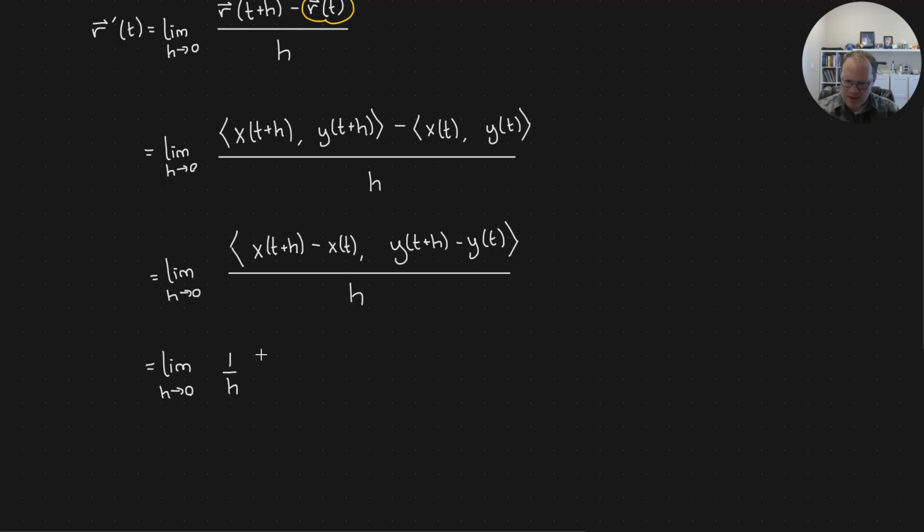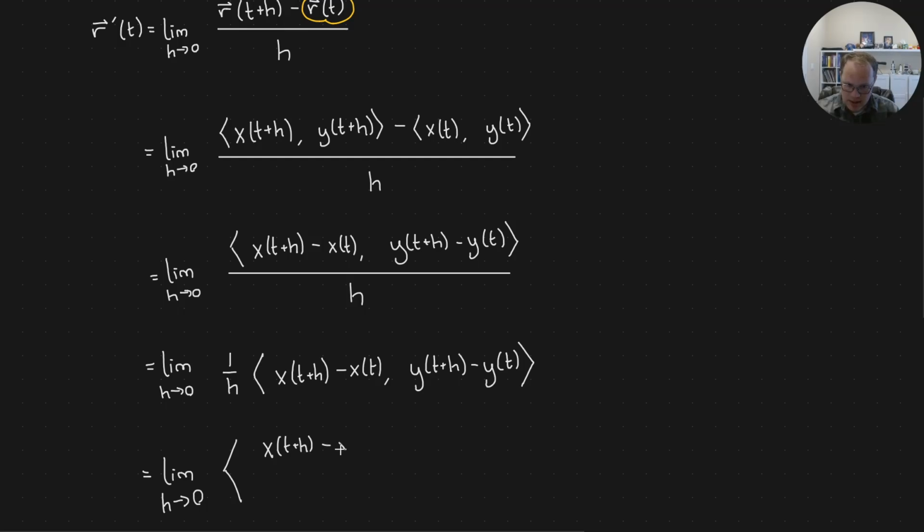So we could think about this as 1 over h times the vector x of t plus h minus x of t, comma, y of t plus h minus y of t. Multiplying that 1 over h through, my first component becomes x of t plus h minus x of t all over h, comma, y of t plus h minus y of t all over h.